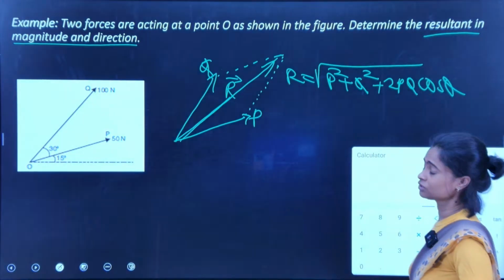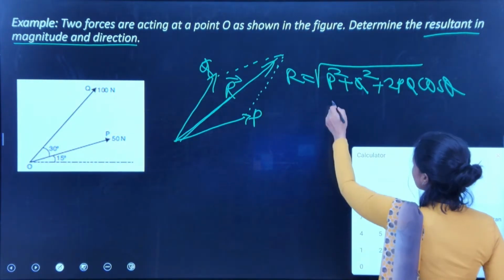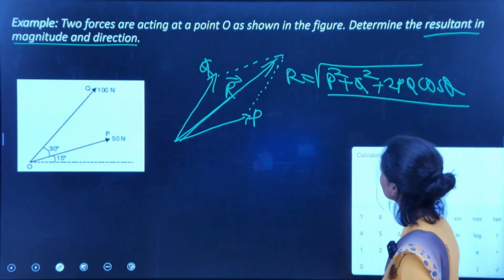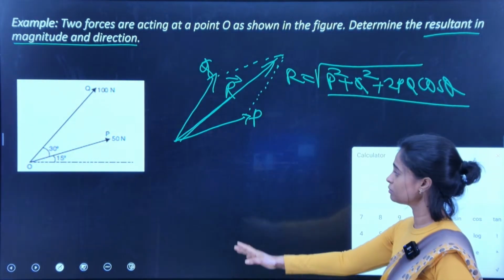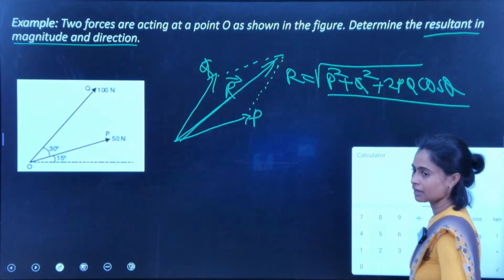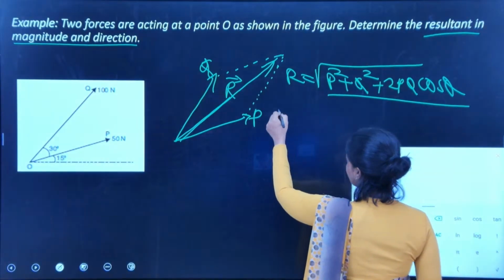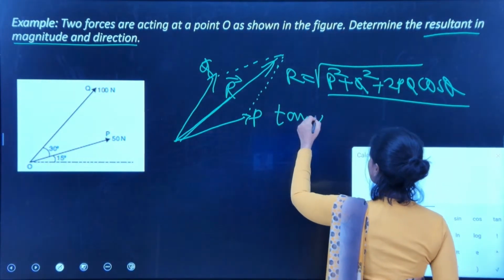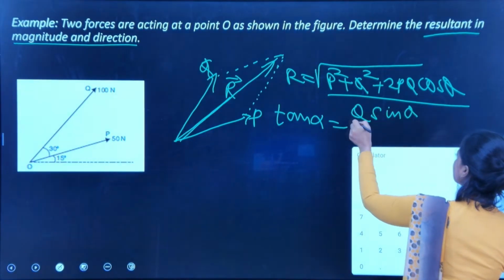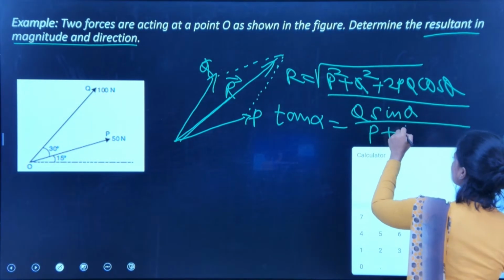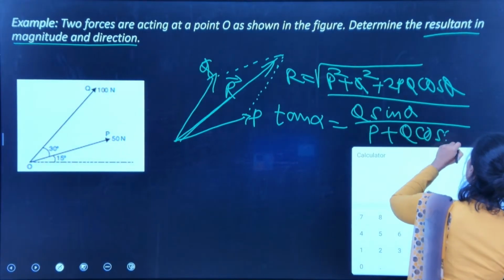I'm not going to do this problem for you. Plug in the values; everything required for solving this problem is given to you. Get the resultant's magnitude and direction. Direction is given by tan alpha equals Q sin theta upon P plus Q cos theta.